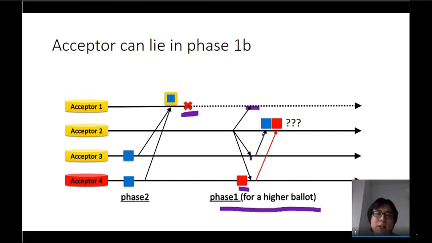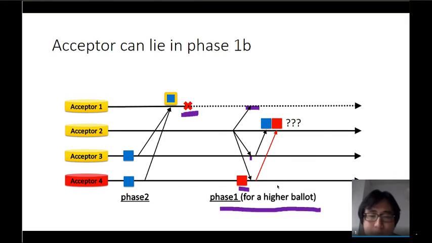But acceptor 2 now got stuck because it doesn't know which value to choose, the blue value or the red value. Only the blue value is the legal value it should choose, but here it cannot tell. So, which means our naive solution of simply increasing the quorum to include the F fake acceptors doesn't work.